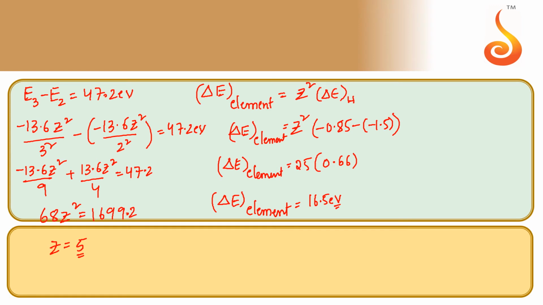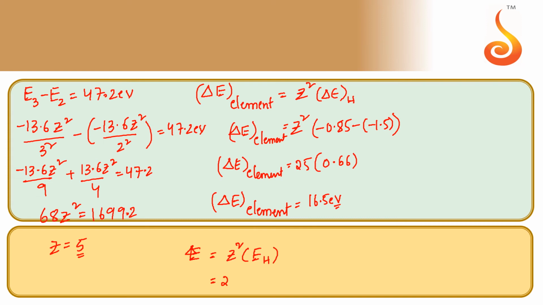Since we know the energy of the electron of the given element in the ground state will be Z square into the energy of the electron of the hydrogen atom.